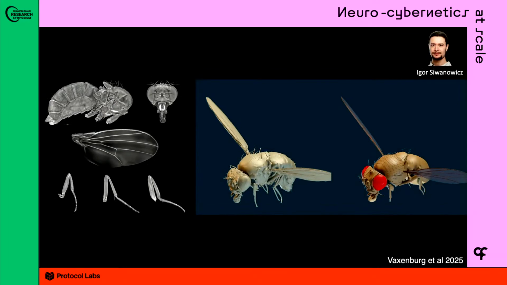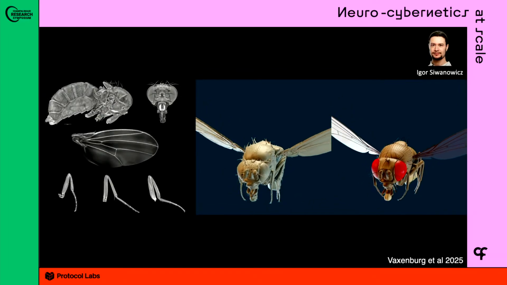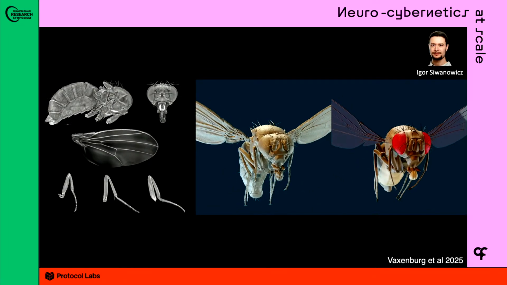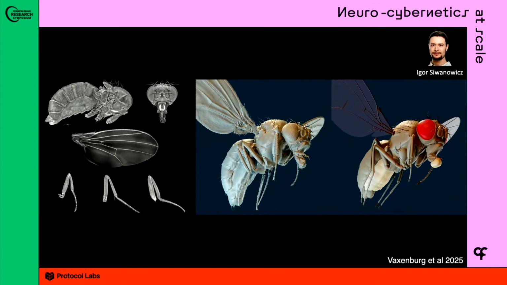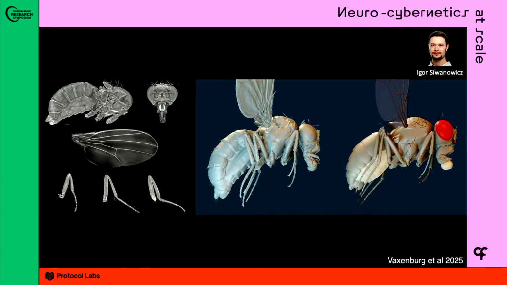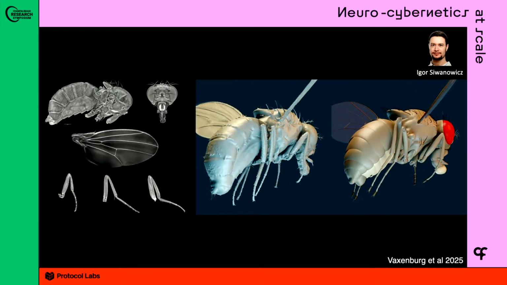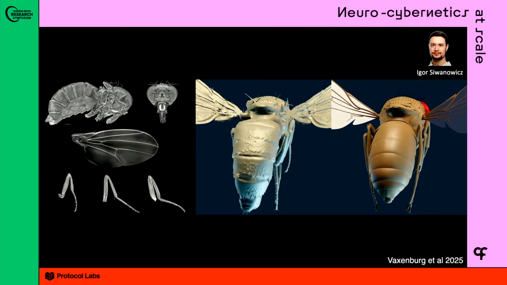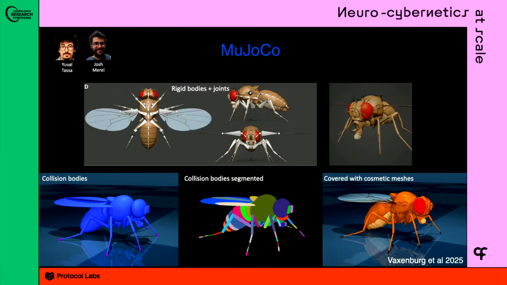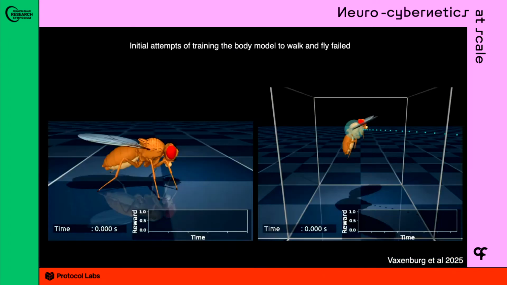So what we did, my colleague Igor Sivanowitz, who's one of the world's best insect anatomists, imaged an entire fly and then built a Blender model, a 3D model of the body, which we then collaborated with Yuval Tassa and Josh Merrill at Google DeepMind to bring into the MuJoCo physics simulator, and then added some physics to make it walk and fly.